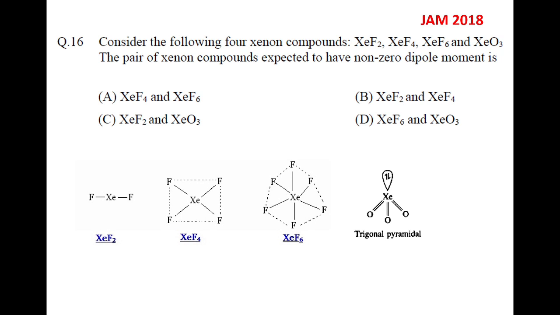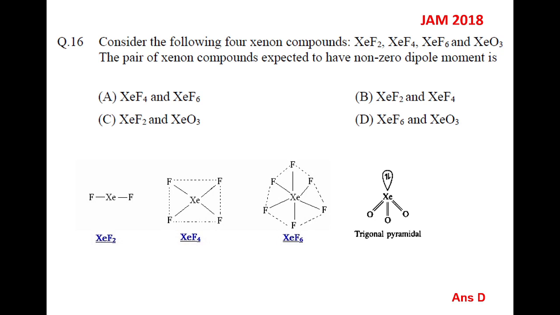As dipole moment is a vector quantity, the dipole moments cancel in XeF2 and XeF4, giving zero dipole moment. So the answer will be XeF6, XeO3. So the answer is D.